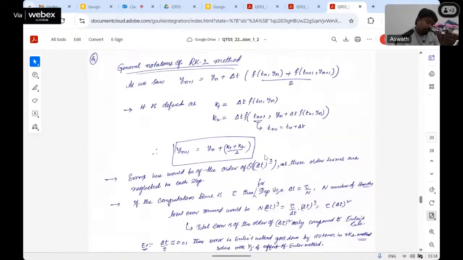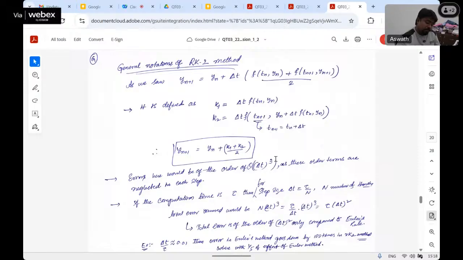Interestingly, the error in the RK2 method is of the order of delta t, the step size cubed, not quadratic. It is much better than the Euler method.